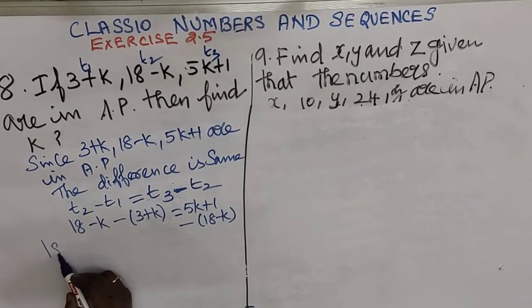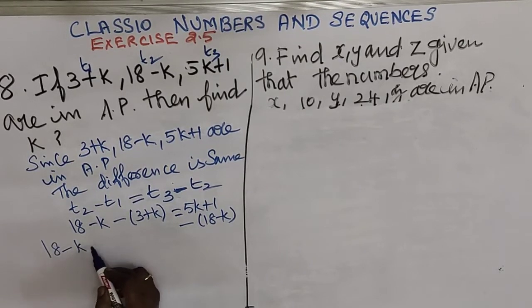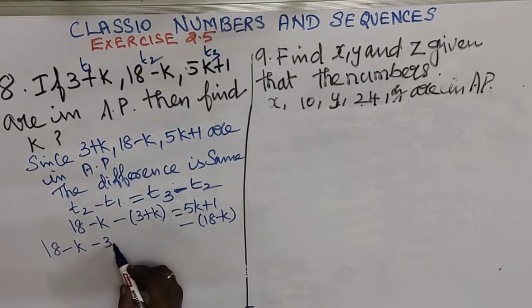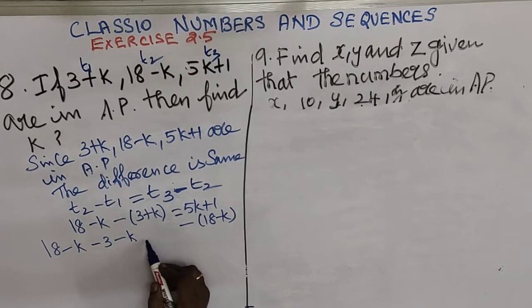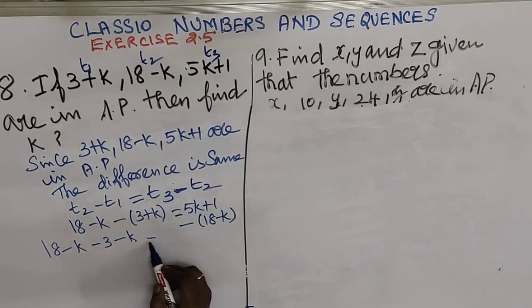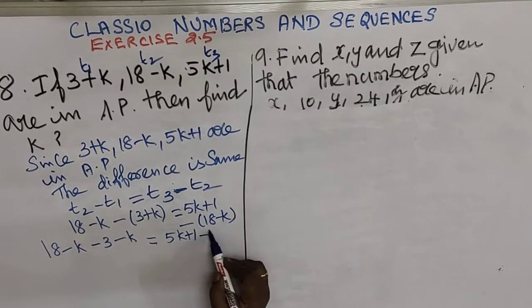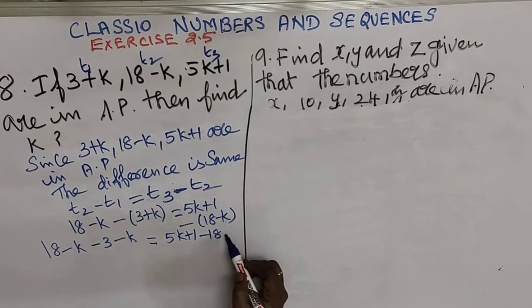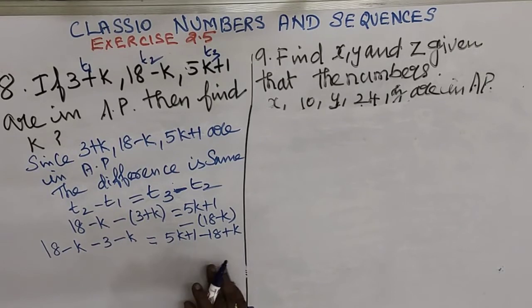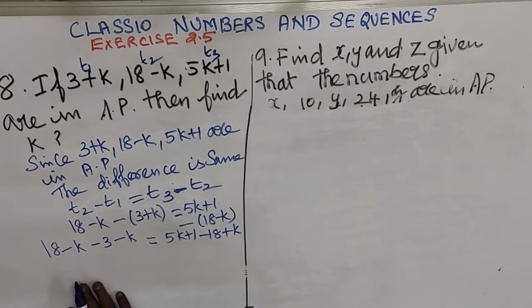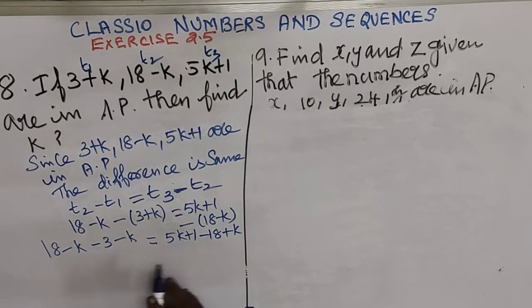Now simplifying this, 18 minus k minus 3 minus k equal to 5k plus 1 minus 18 plus k.